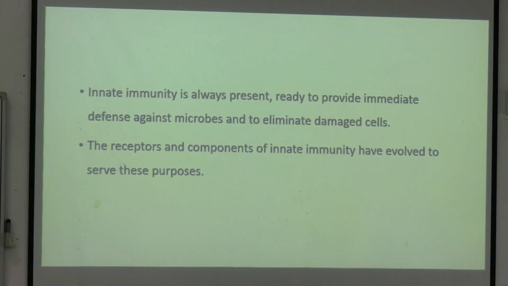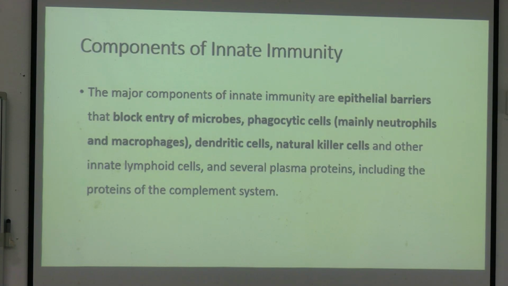Innate immunity in our body is always present, ready to provide immediate defense against microbes and to eliminate damaged cells. The receptors and components of innate immunity have evolved to serve this purpose.